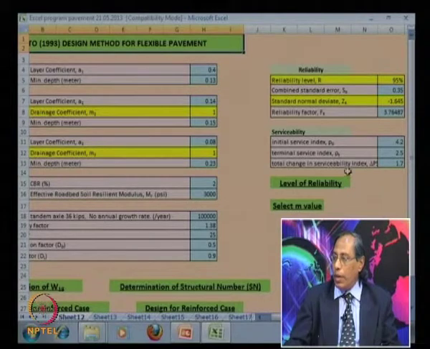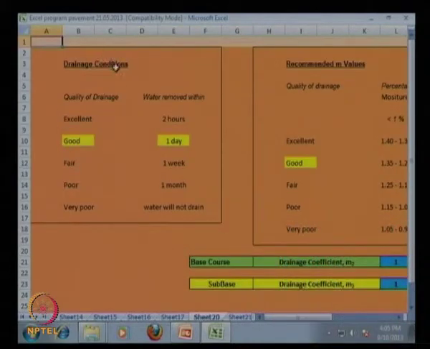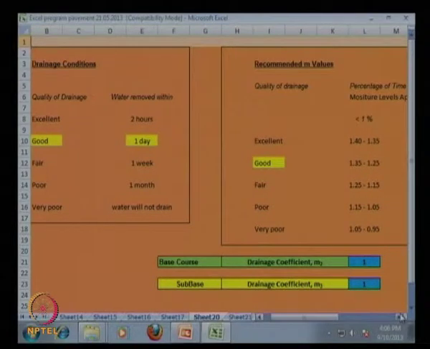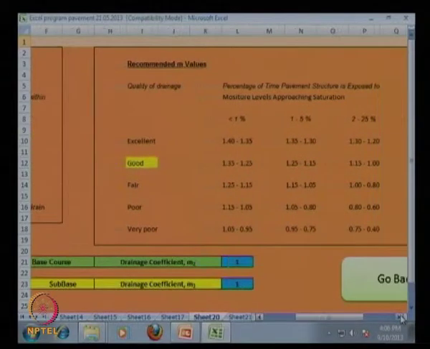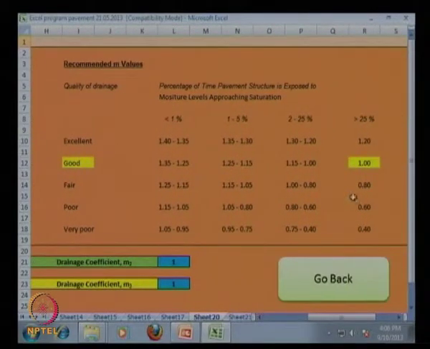And next, you have to select the value of M. You can select the M value from here, because we have considered drainage is good and it is for 1 day, and this is the recommended M value for good drainage. It also depends upon the moisture content, and you consider what the M2 and M3 values should be. Because the base and subbase course are the same material, the drainage coefficients M2 and M3 we kept the same, that is 1.